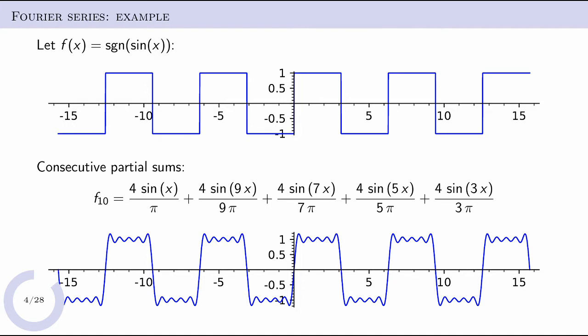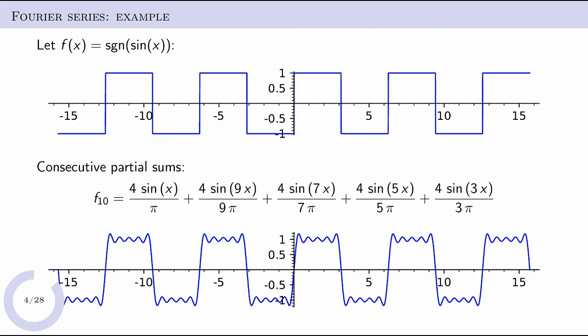Observe that in this particular example we don't have even coefficients. That's clear because our function is built completely from sines. There is no cosine appearing here.